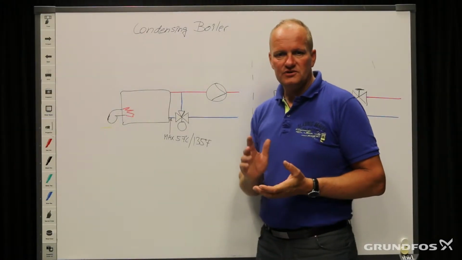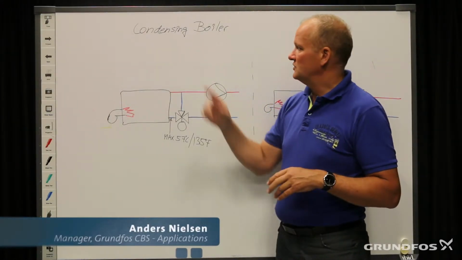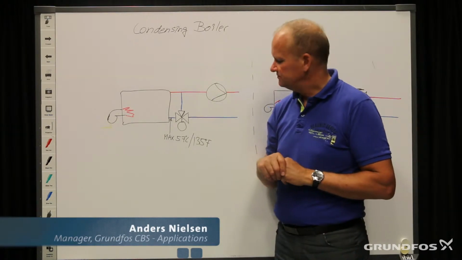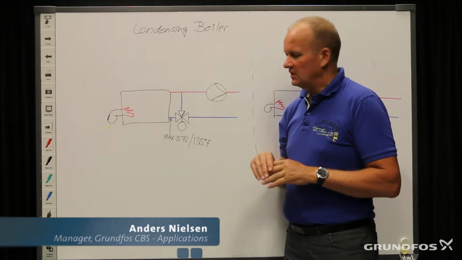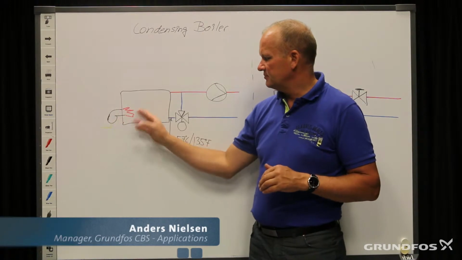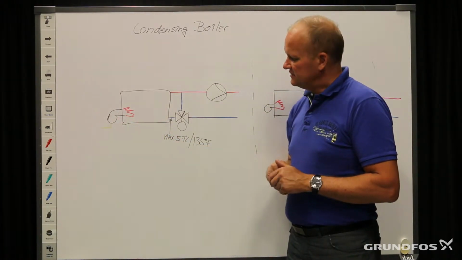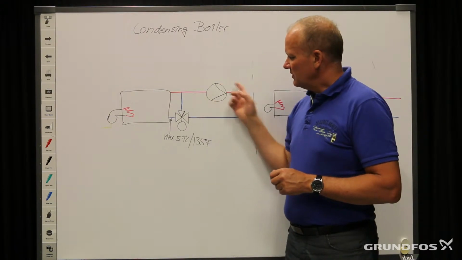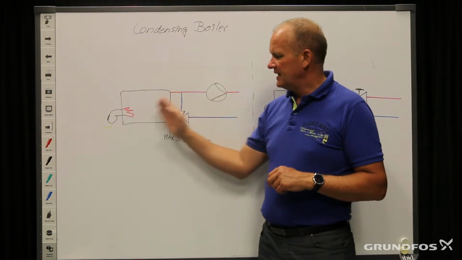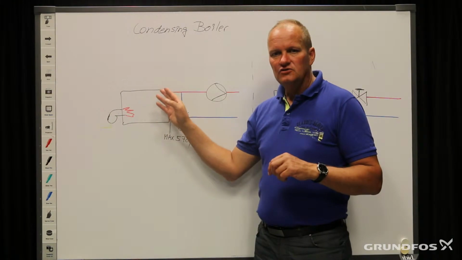So now we are going to see the application which I have chosen to call condensing boiler. What is important when we have a natural gas fired boiler, as what I've tried to illustrate here, is that the overall HVAC system should allow the boiler to condensate.